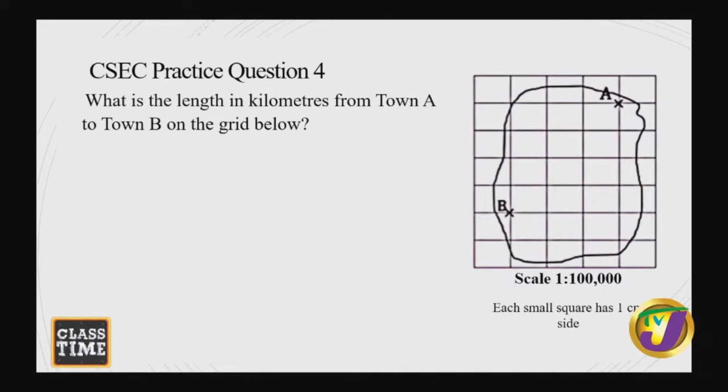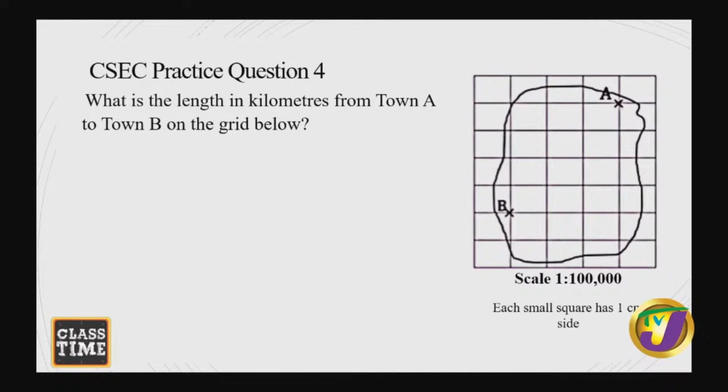So, what is the length in kilometers from town A to town B on the grid below? They gave us town A, town B, scale 1 to 100,000, and each small square has 1 centimeter sides. Good information to have.